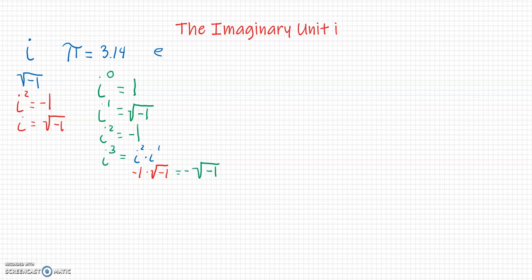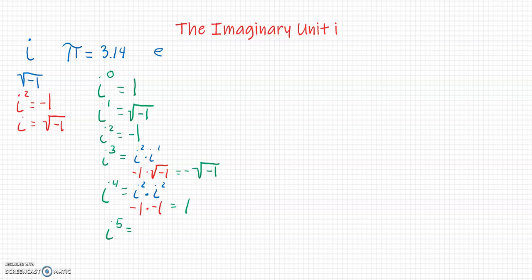Let's keep going. i to the fourth power. Well, i to the fourth power means i squared times i squared. Well, we saw i squared was -1, and another i squared, -1. That yields simply 1. So, hey, which is the same thing as i to the 0. That's interesting. Well, let's keep going, see what happens. i to the fifth power.